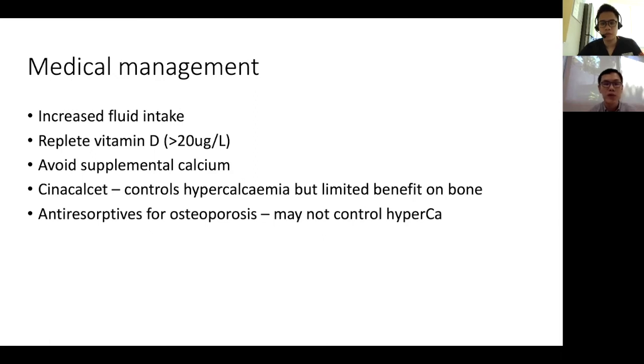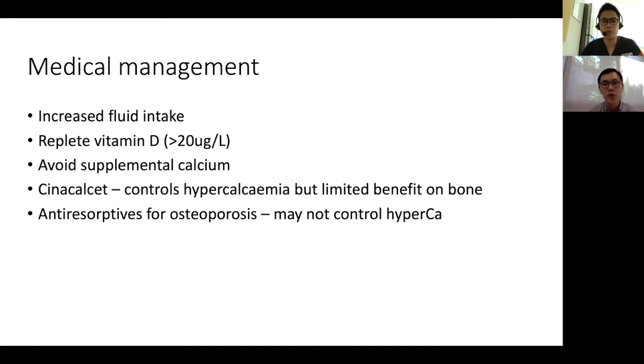But of course, if the patient is very acutely unwell in the initial setting when the calcium is more than 3, you want to give the necessary measures to bring down the calcium before you start them on vitamin D. But in the long term, by replenishing vitamin D, you prevent that secondary hyperparathyroidism stimulus on the parathyroids to further proliferate and grow. So it helps to control the hypercalcemia to some extent, and then avoiding supplemental calcium.